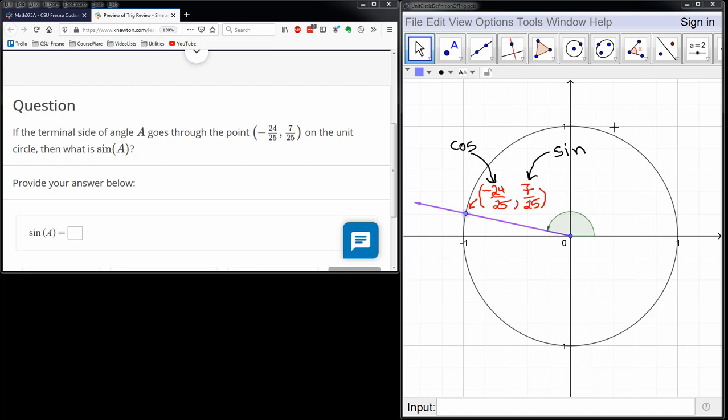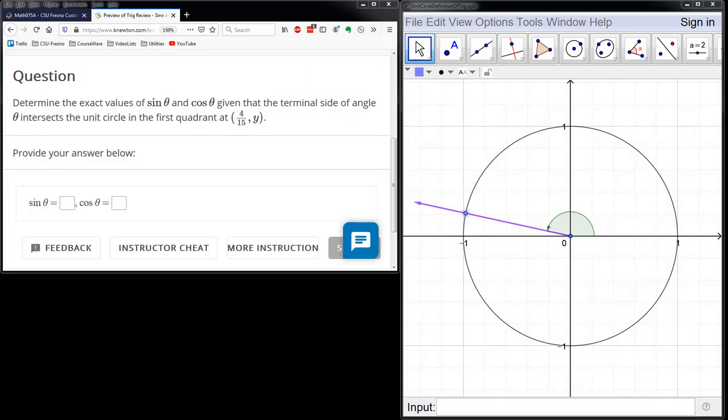So answering this question should be a piece of cake. The answer is going to be 7 over 25, because that is the y-coordinate of the point where the terminal side of the angle crosses the unit circle. So that's our answer.